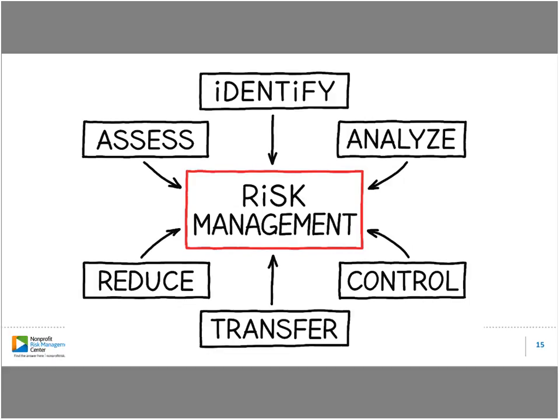So the third word here is control. So this is also called retention, risk retention. And this really depends on usually your board will set up some type of risk appetite or a statement of the amount of risk that your organization is willing to keep, to retain.